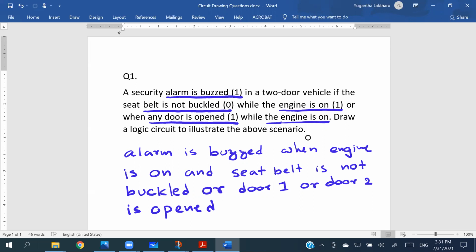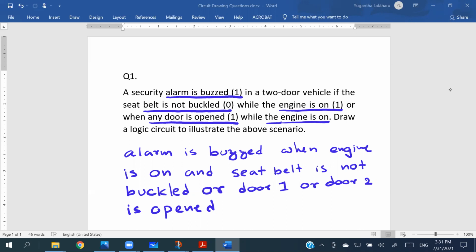Of the other things, if one of those is enabled, the alarm is going to buzz. Are you getting this, people? Please confirm. Right. All right. How about others?